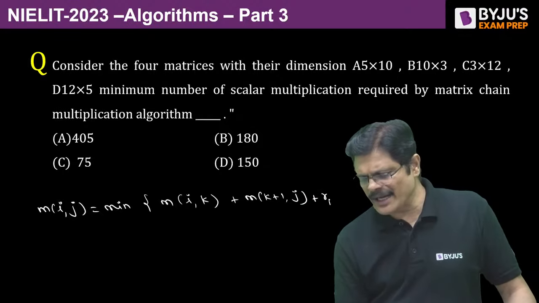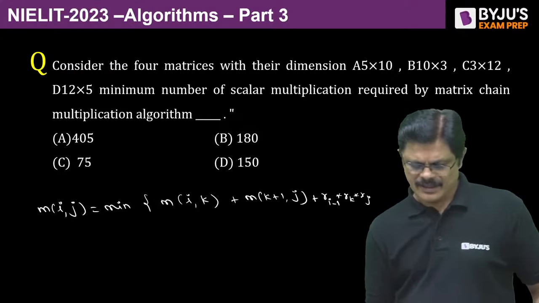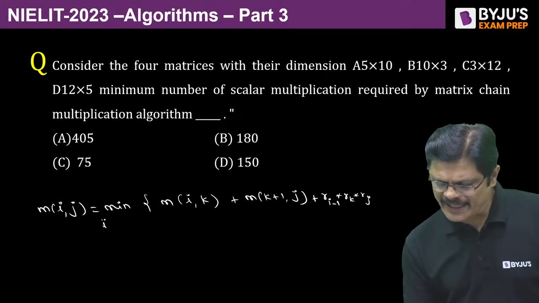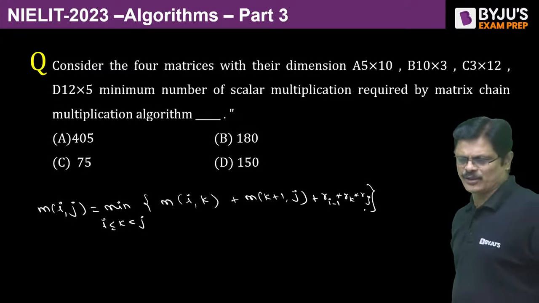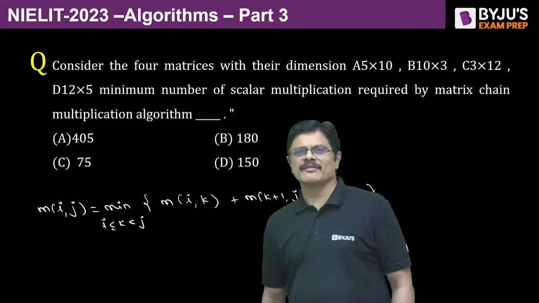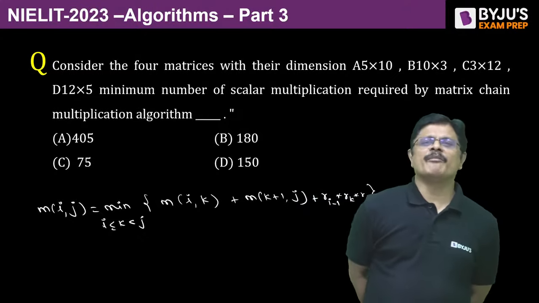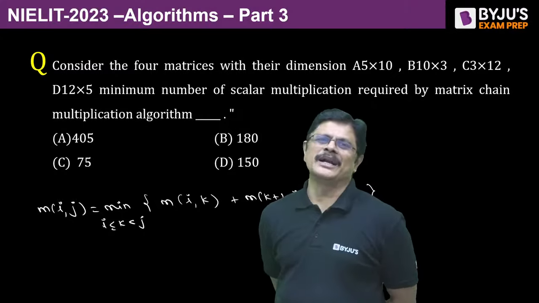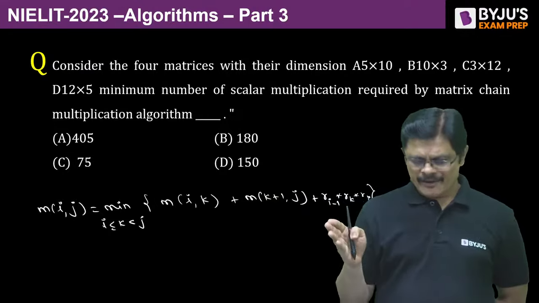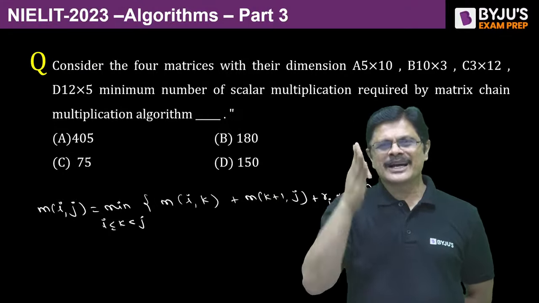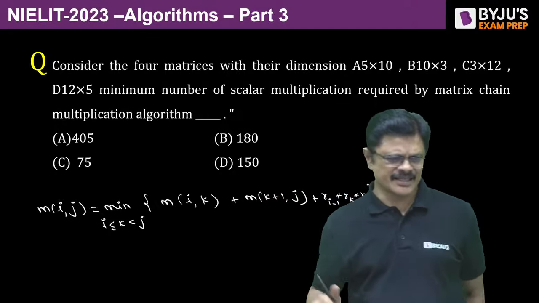At k you cut it: i to k, and k plus 1 to j. That cost is given by the formula r(i-1) into r(k) into r(j). Here k varies from i to j, where j is not included. That is the recurrence relation for finding the minimum number of multiplications required to multiply matrices from Mi to Mj, where k is the place where you cut or divide that particular product, my dear friends.